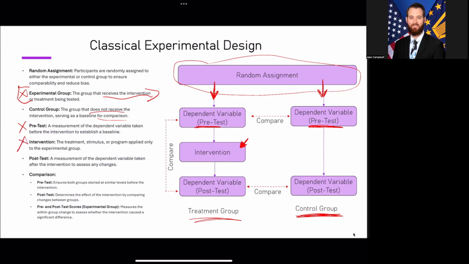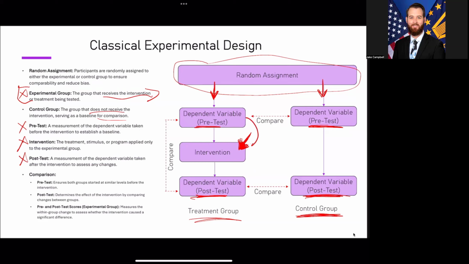In a classical experiment, we always have some type of intervention, whether that's a program, a stimulus, a video, a newspaper, a medication, whatever it is, right? There is some intervention that is applied after we initially collect data from the experimental or the treatment group. We then also always have a post-test, right? This is again measuring the outcome, the dependent variable at the end of the experiment after the intervention.